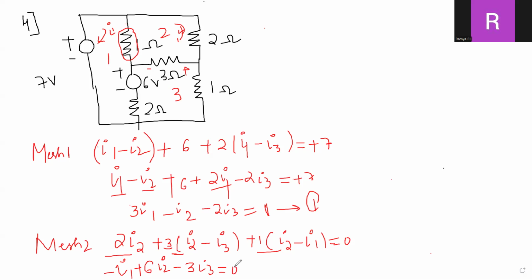So now apply KVL for mesh 3, children. For mesh 3, if I apply the KVL, what will I be getting? Here, mesh 3, 3 ohm: 3 into I3 minus I2, very good, plus 1 into I3, plus 2 into I3 minus I1, very good, ma.